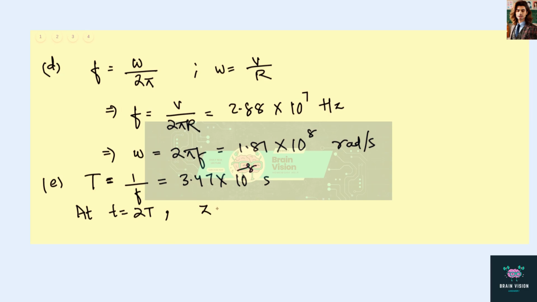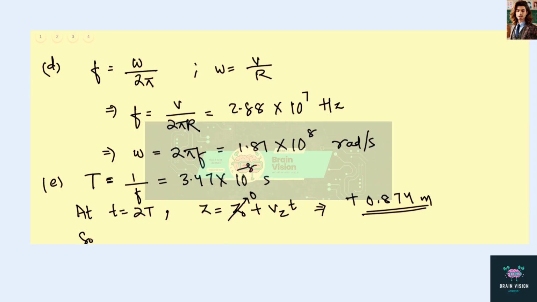So z is equal to z naught plus vz t, and the initial value z naught of z is equal to 0, and we get this value of z to be positive 0.874 meter. So this is the position of the particle in the z direction.